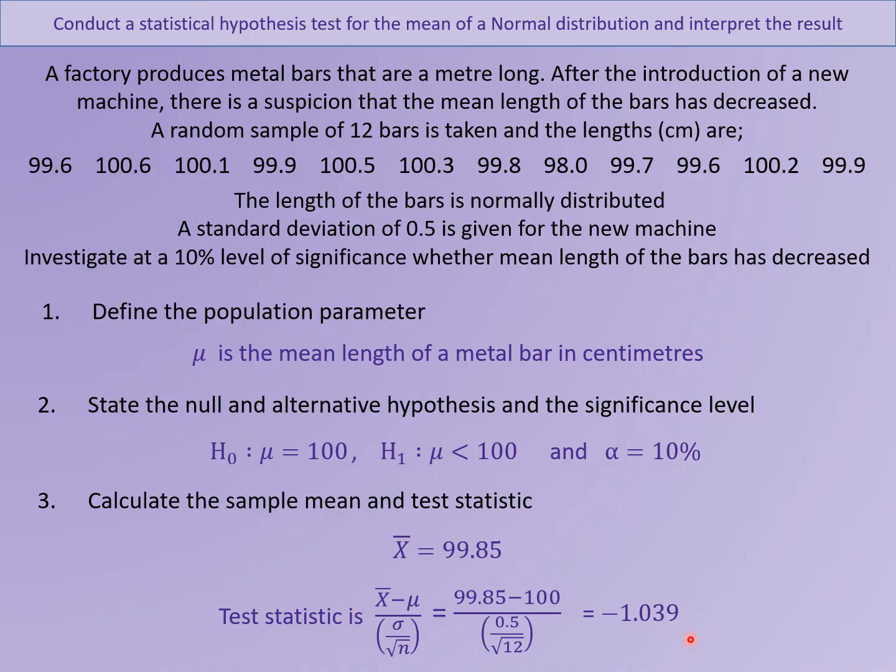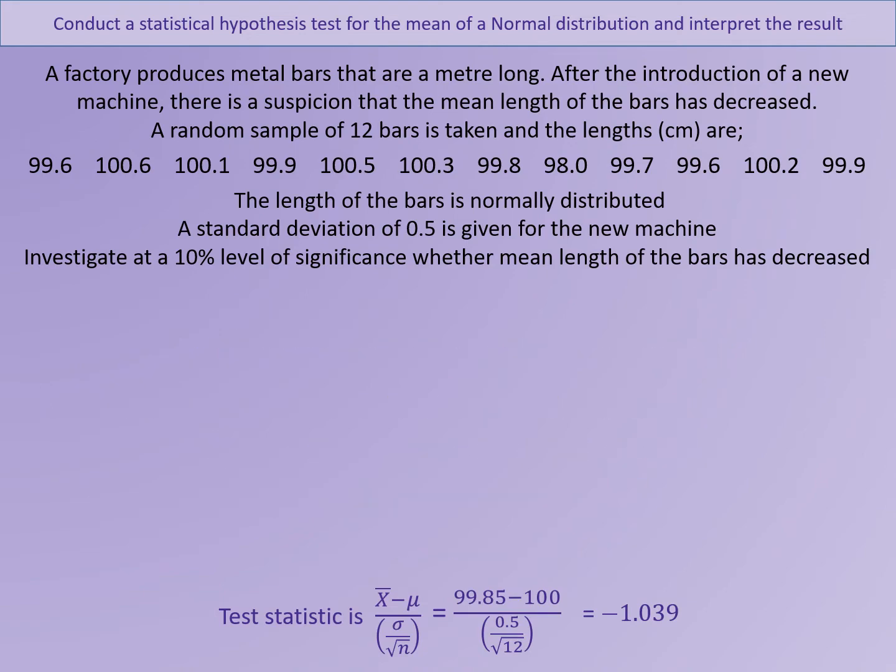Now what I need to check is whether at the 10% level, minus 1.039 takes you over that critical value. So that's what I'm going to be checking now. I'll keep my test statistic on there. And the next thing I need to do is calculate the Z-score using that significance level. So I've got my calculator I can do that with.